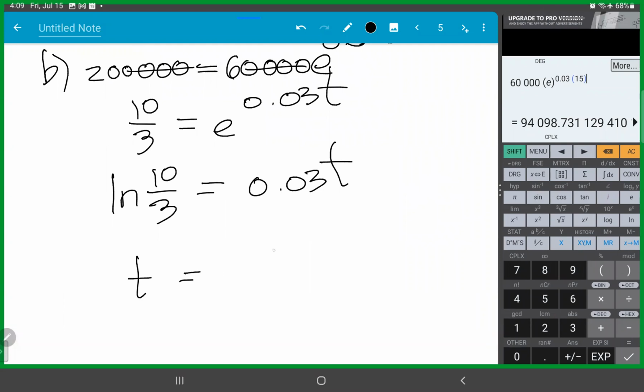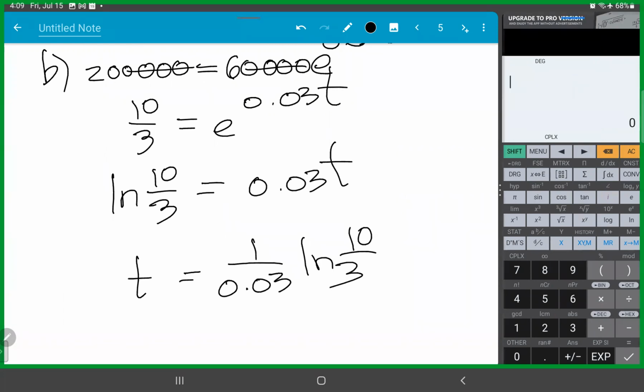Time is, and then use your calculator. So, compute. So 40 minutes.